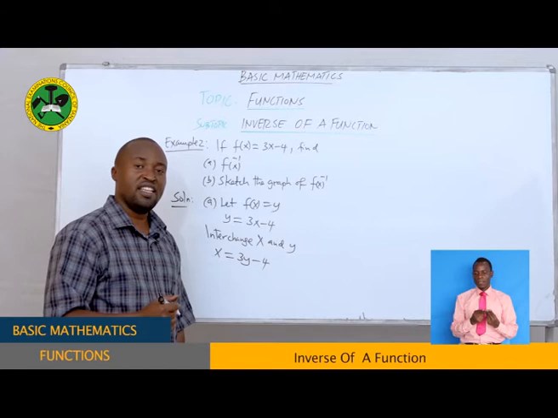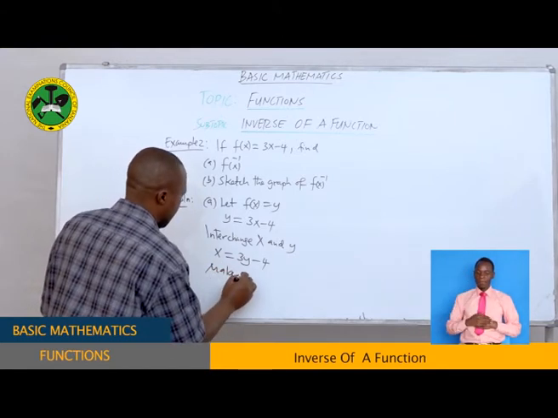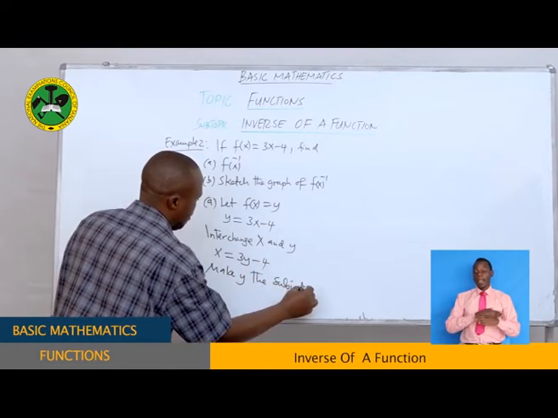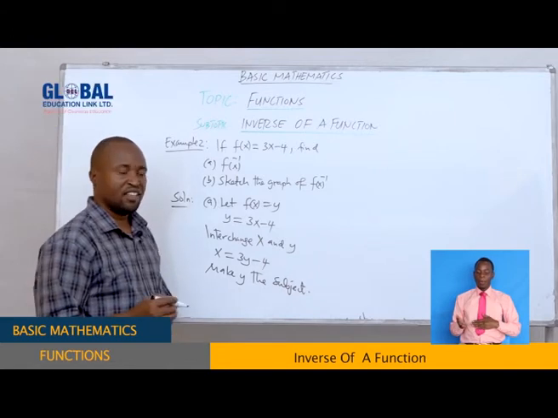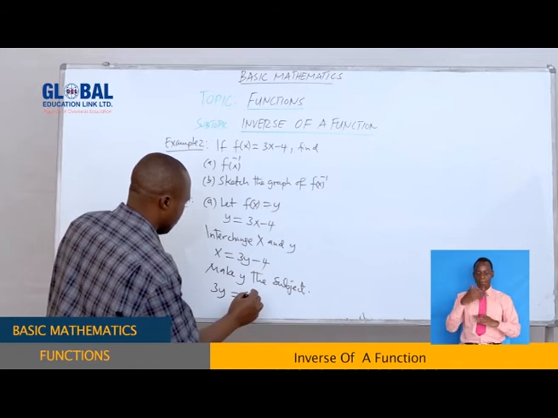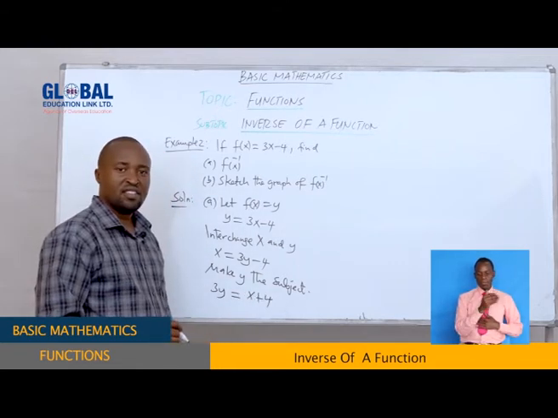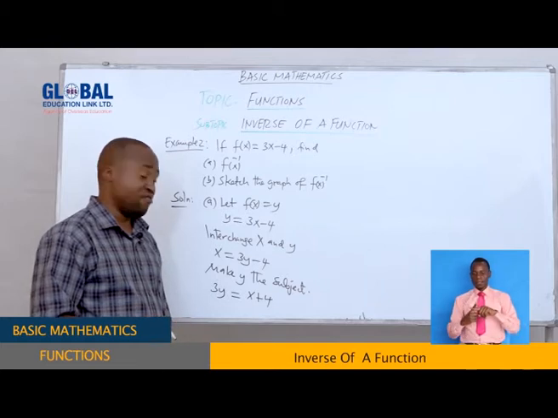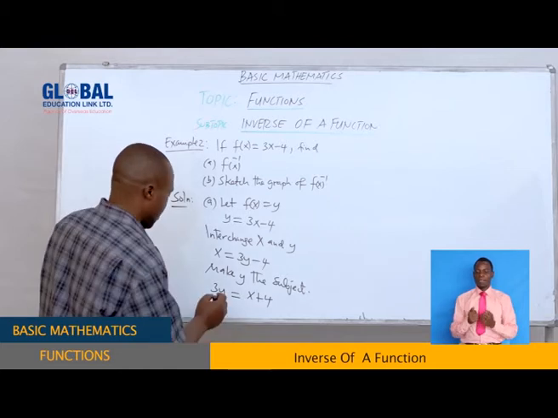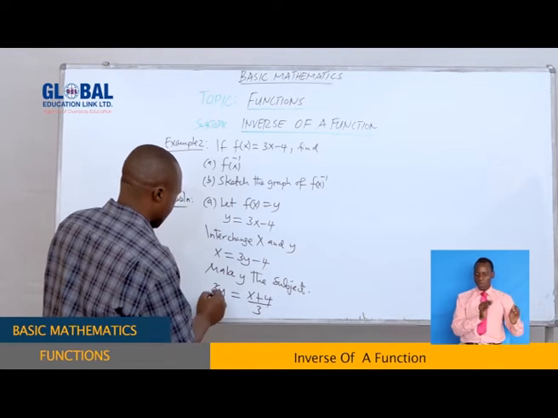So we make y the subject. That is, 3y is equal to x plus 4. Now, to make y the subject, we divide by 3 from both sides. So here, just divide by 3, divide by 3.